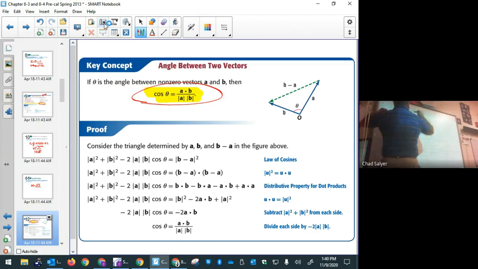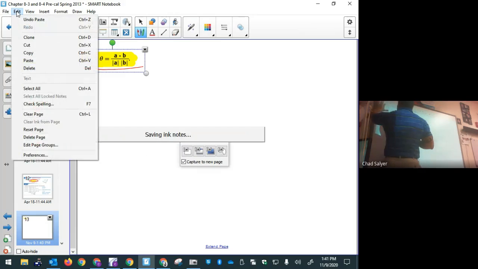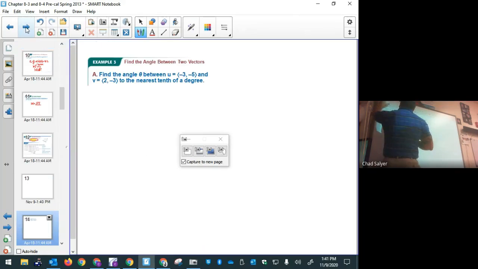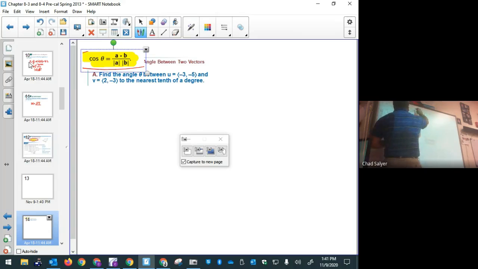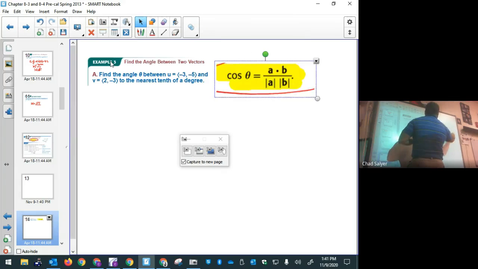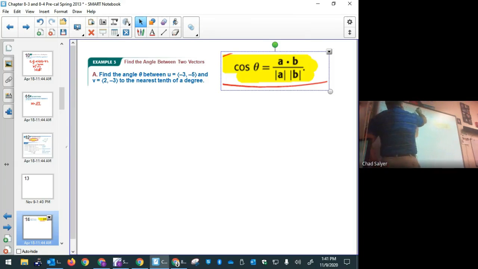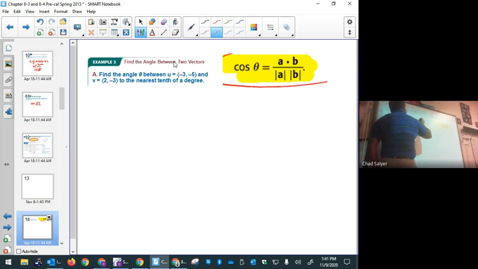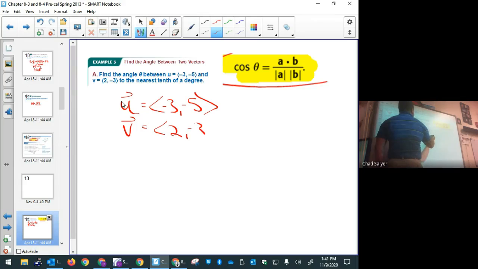So let's use this formula, shall we? Okay, so we want to find the angle between U, which is -3, -5, and V, which is 2, -3.